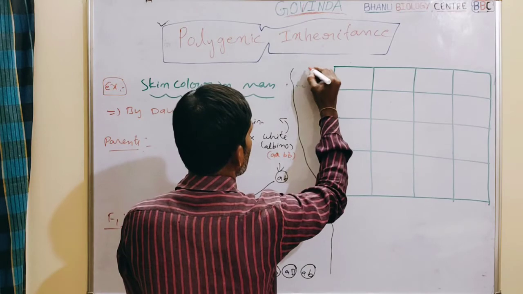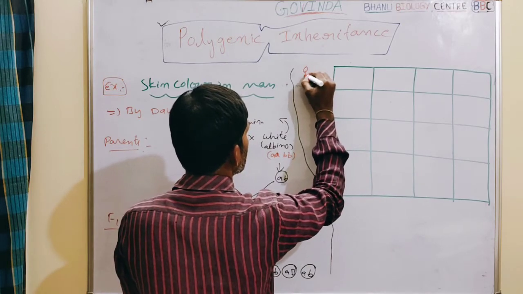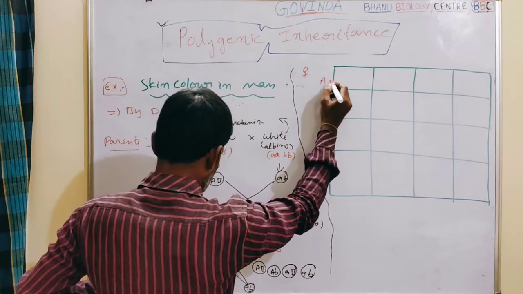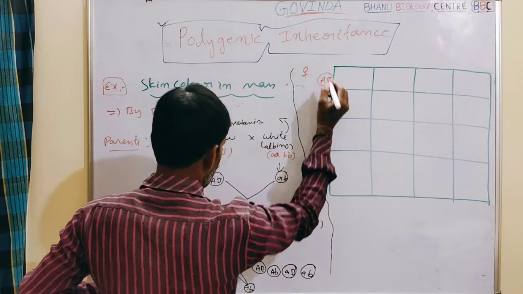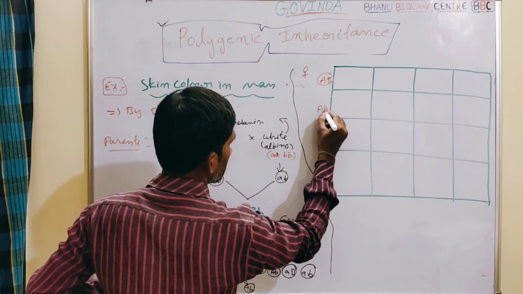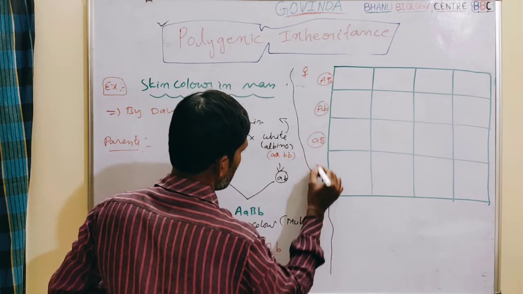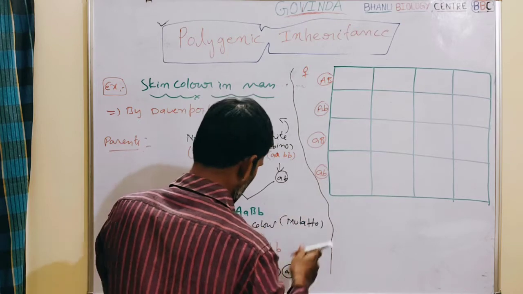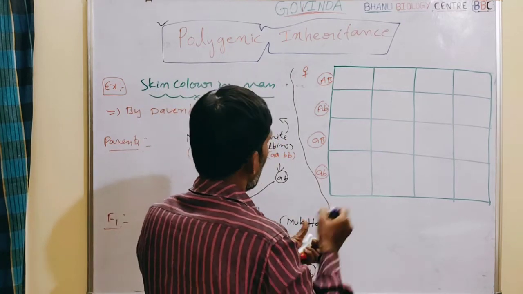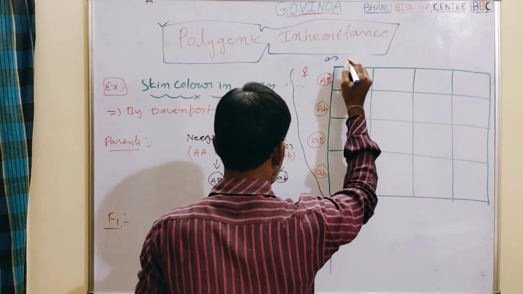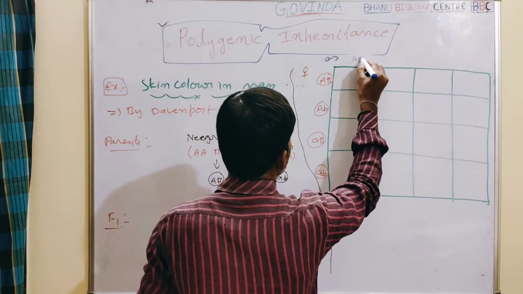On this vertical side, take the gametes of the female parent: AB, then small a small b, next small a capital B, then small a small b. Horizontally, we take the gametes of male, the same gametes.